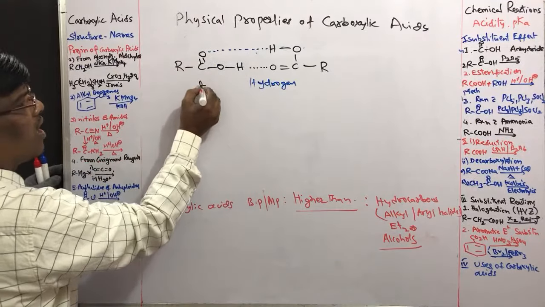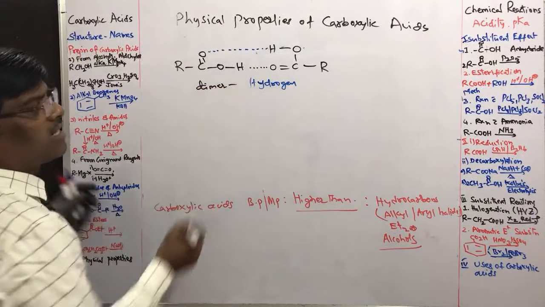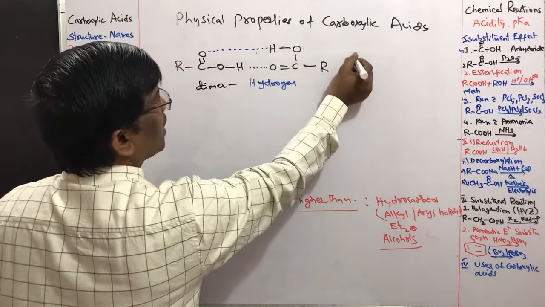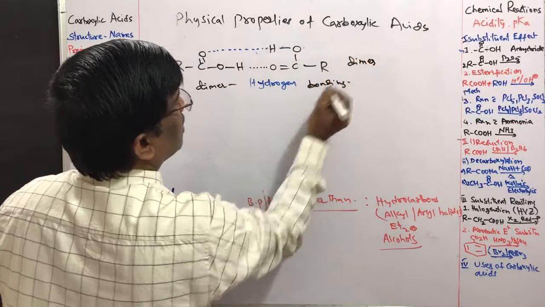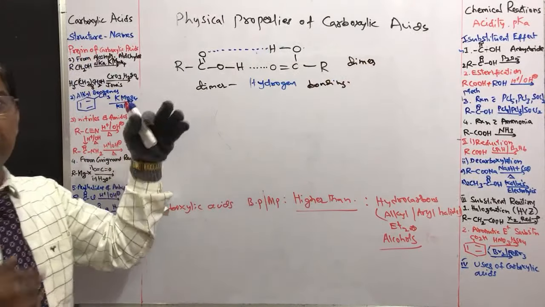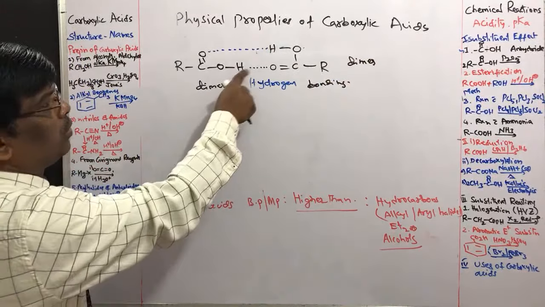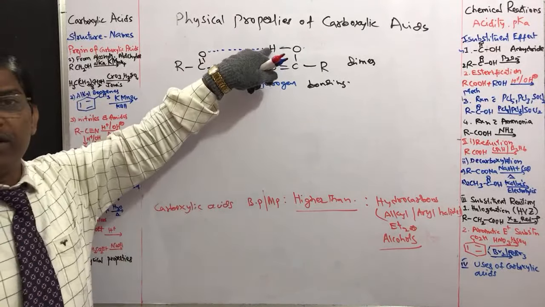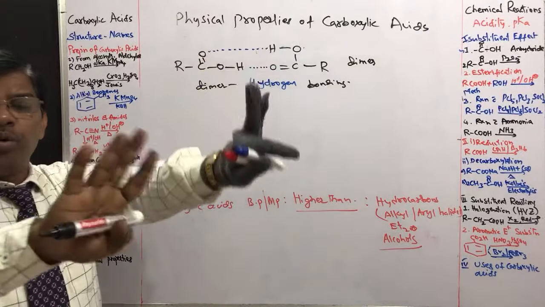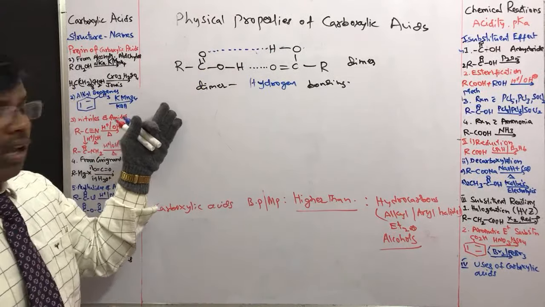Most of the acids will exist in dimer form because of hydrogen bonding. Because of this tight hydrogen bonding, two-way, this is with this and this is with that, two hydrogen bonds are possible between two molecules of carboxylic acid.